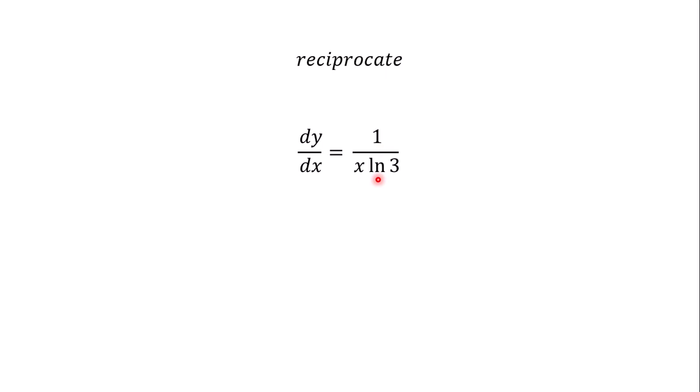And this tells us why when we differentiate log x to the base of 3, it gives us 1 over x ln 3. So therefore, the derivative of log x to the base of 3 is equal to 1 over x ln 3.